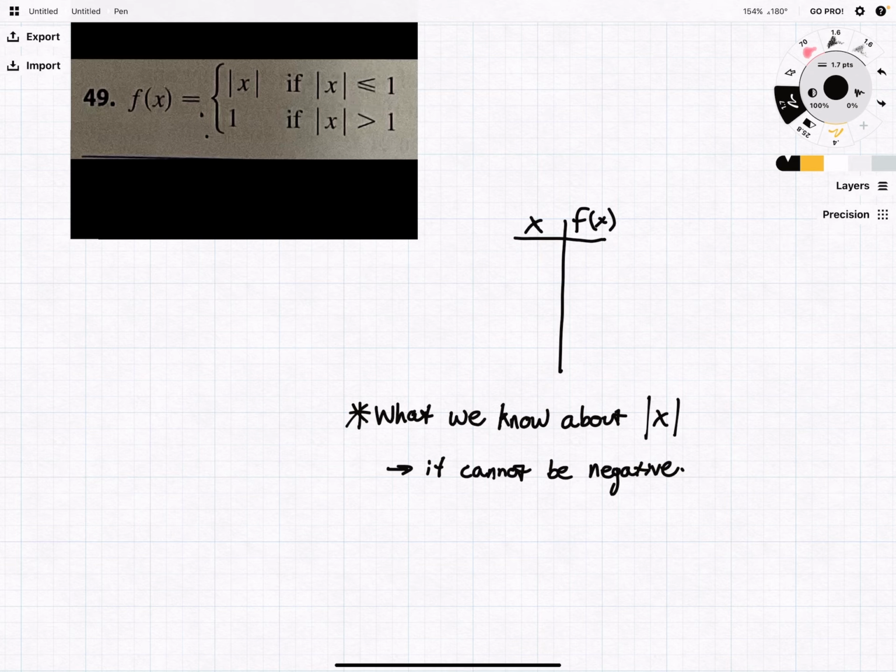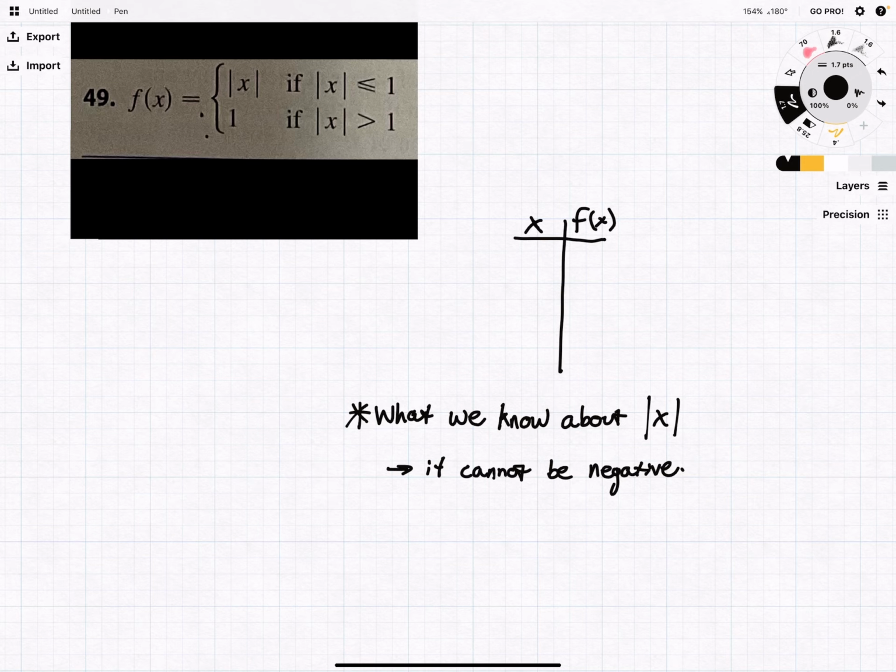So for our f of x, that's only the rule from 0 to 1, because absolute value of x cannot equal a negative number, since it's the absolute distance. Then, if the absolute value of x is greater than 1, f of x just equals 1 and nothing else.